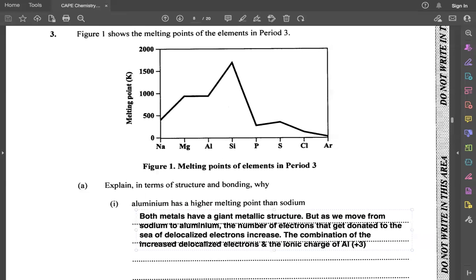The net effect of that results is that we have greater electrostatic attraction between ions. So that would be your positive ions, right? And the electrons.